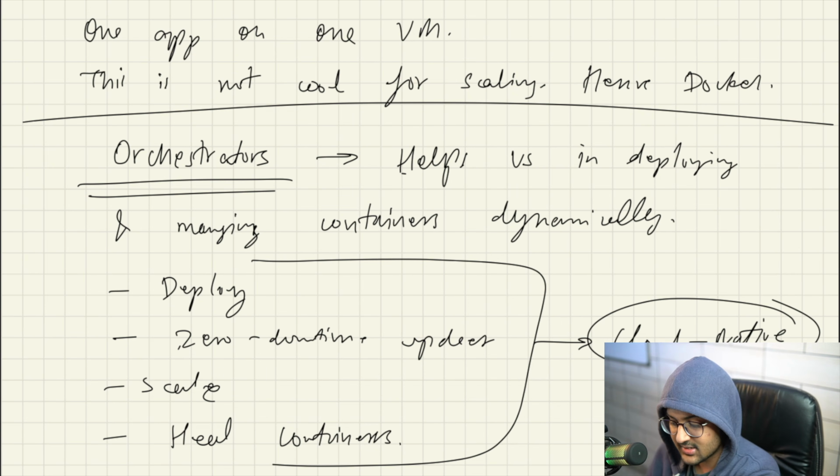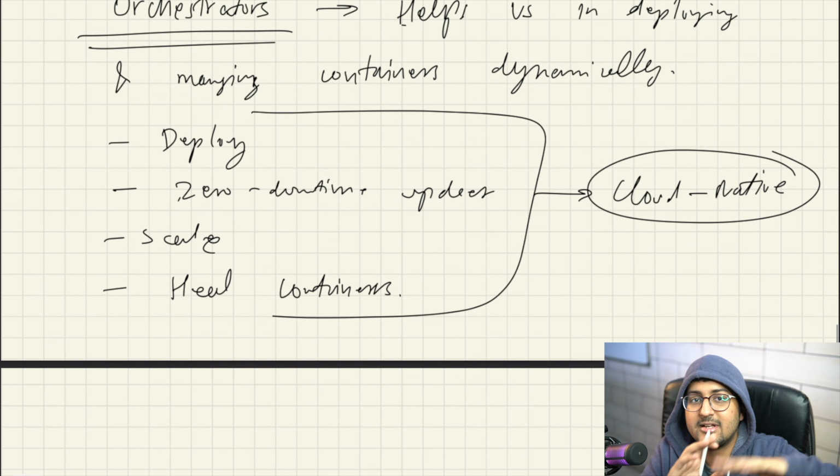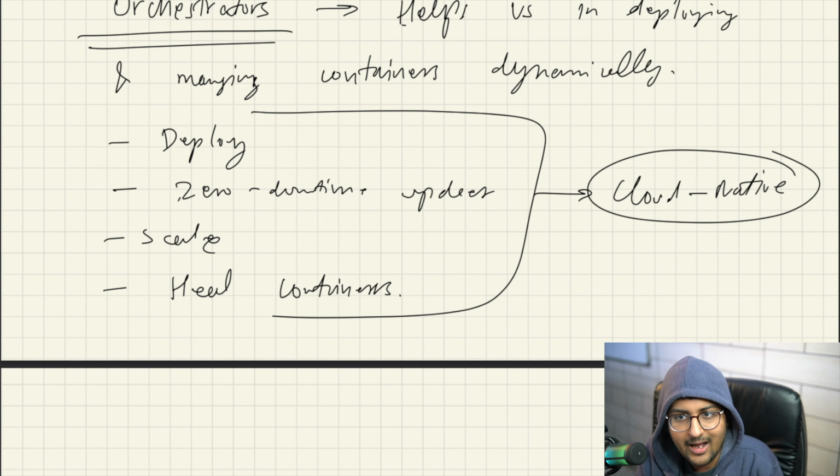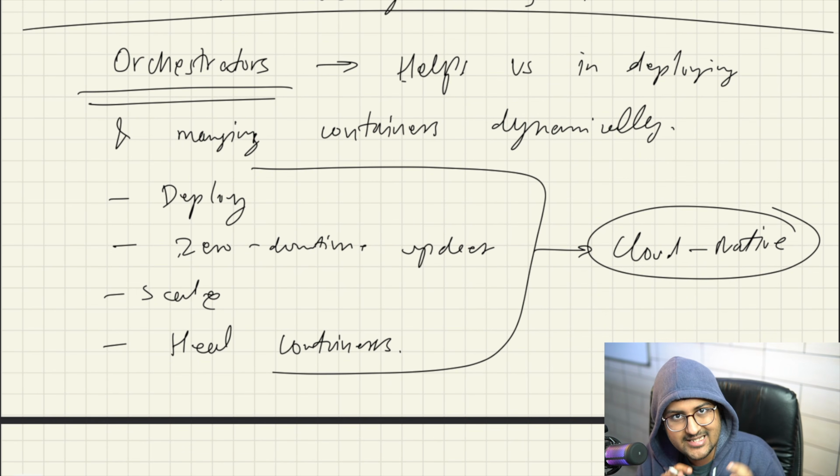So if someone asks you, Kunal, what is cloud native? Is it the same as cloud computing or whatever? No, it's a different thing. Cloud native basically means applications that can run modern business and meet the modern business demands.